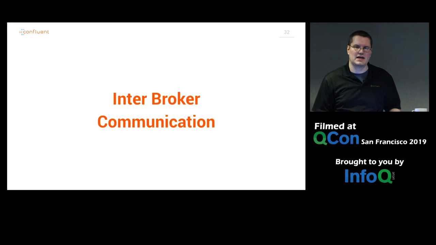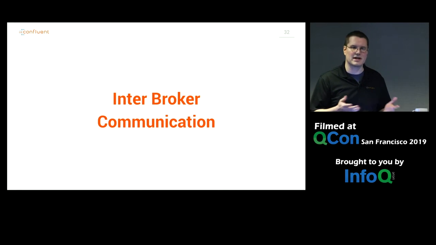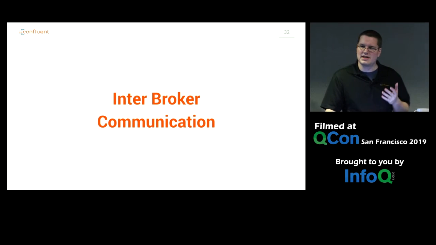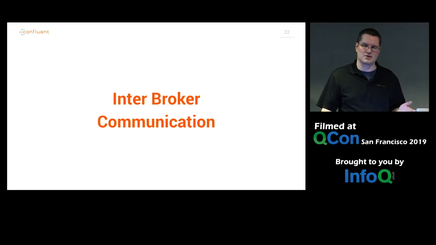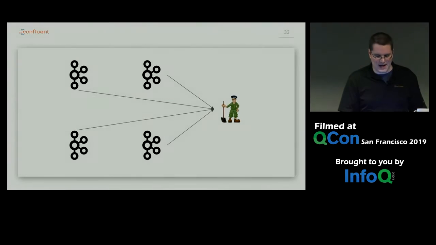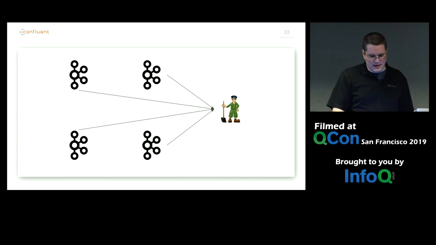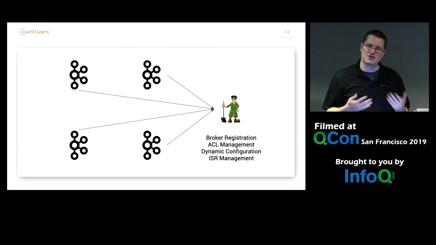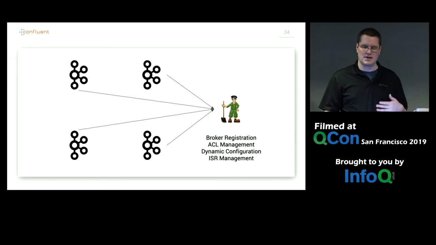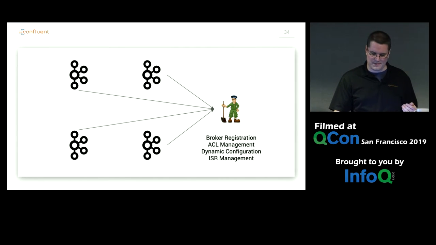So far we've just been talking about clients and how they interact with the system. But it's actually equally important to think about how brokers interact with other brokers or with Zookeeper. And in the case of Kafka, we actually have a lot of interacting to do. So brokers need to register themselves with Zookeeper so that people know where they are.